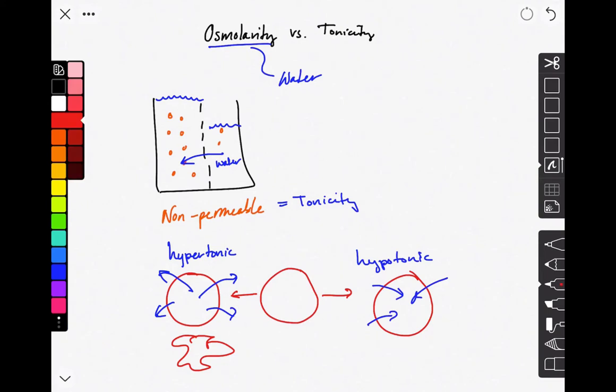And since the water is rushing in to dilute those non-permeables inside, the cell actually swells and could even explode. So physiologically, this is actually very relevant, and it's something that could even lead to death, or it influences your cells when you're dehydrated. They end up very hypertonic.